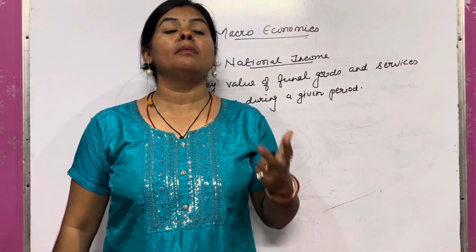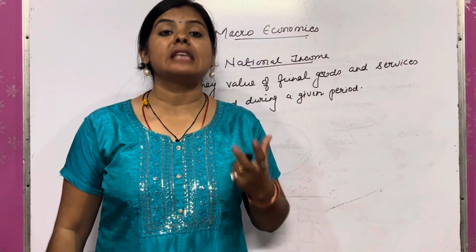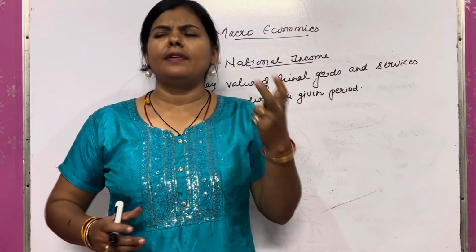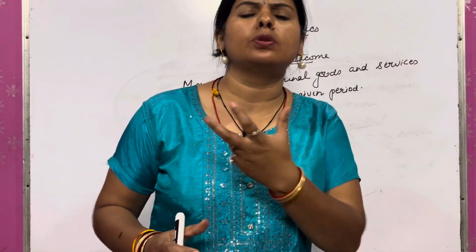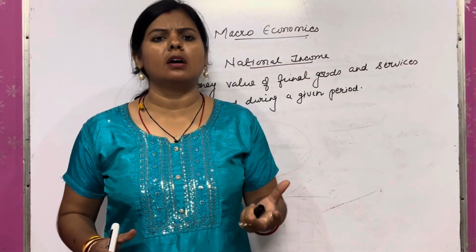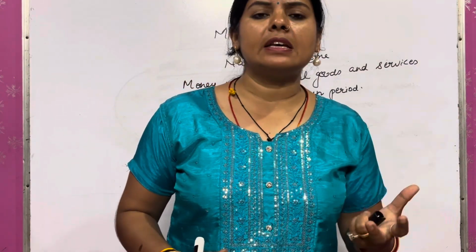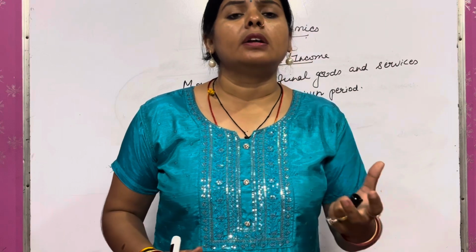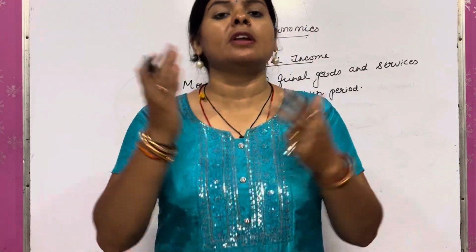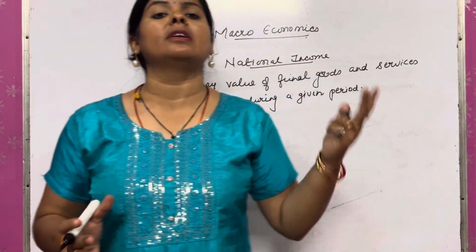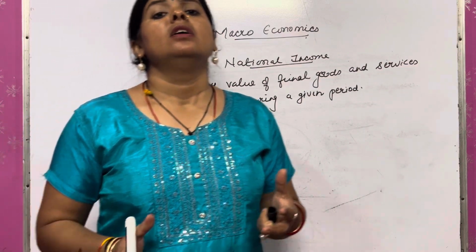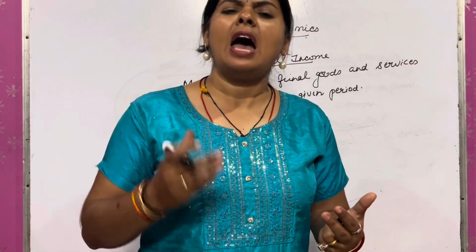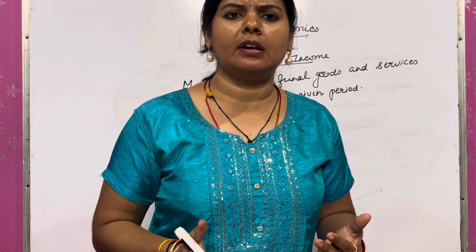National income is very important. Whenever you go through the news, you will hear that suddenly the country's national income increases, GDP increases, GDP decreases. So what is national income and how do we calculate it?